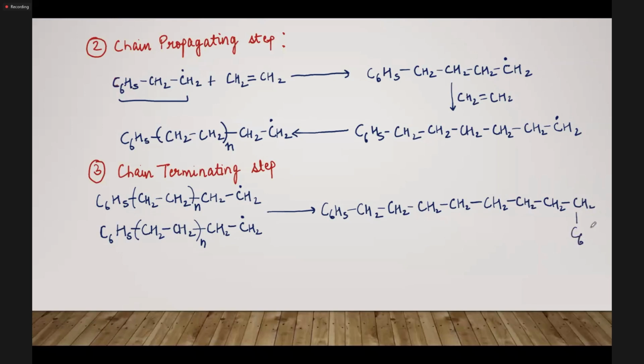and where we have C6H5. So C6H5 is at both the ends, you can see, and there is the bond formation between these two carbon atoms.